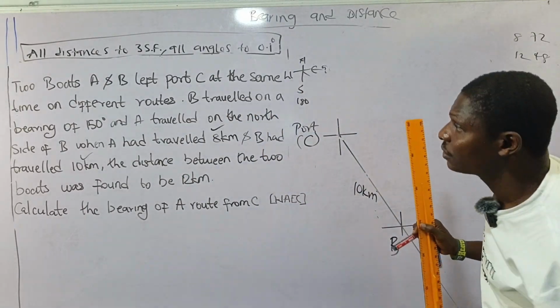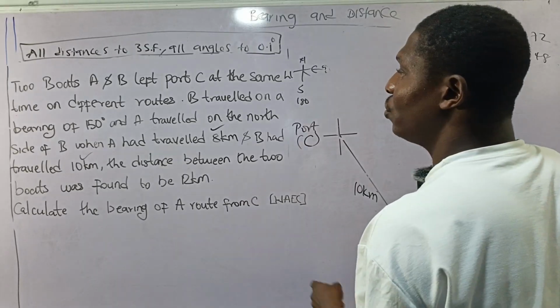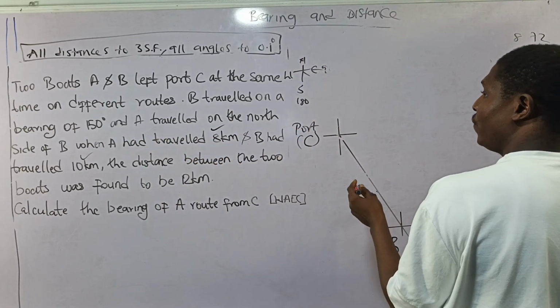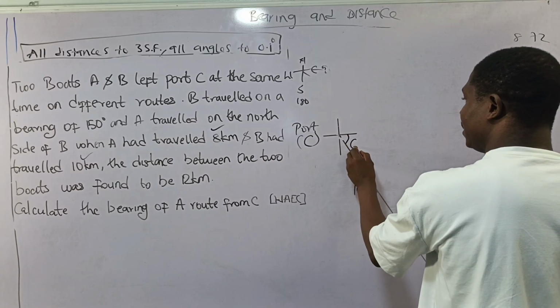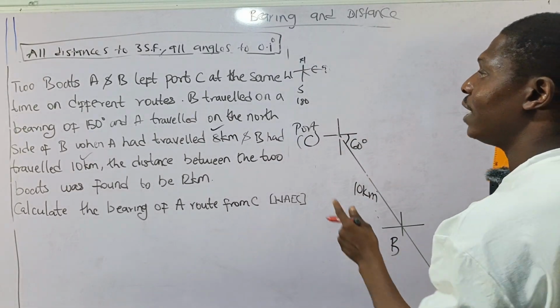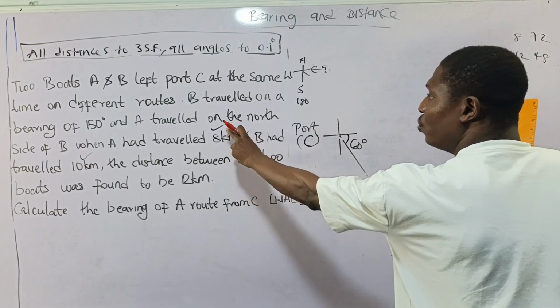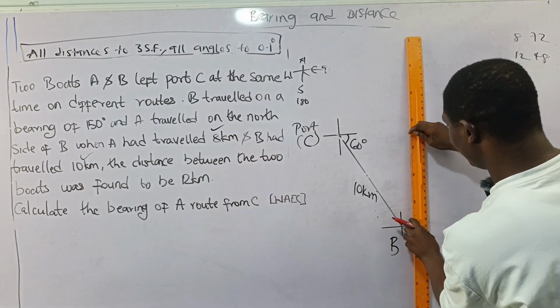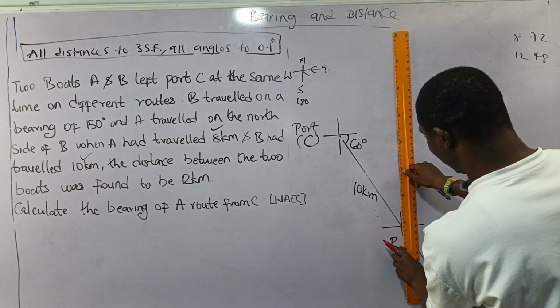Now we can see that B traveled on the bearing of 150 degrees, which we've used. 150 minus 90 will give me 60 degrees here. And A traveled on the north side of B, which is this. North side of B, this is north.